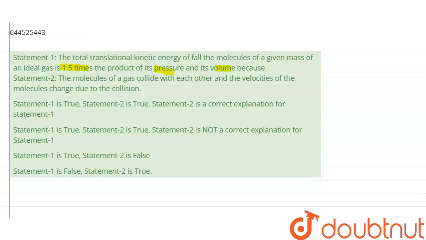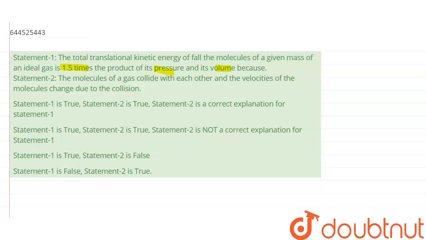And the second statement is that the molecules of a gas collide with each other and the velocities of the molecules change due to the collision. And we also have to tell whether my first statement is correct, and whether my second statement is the correct explanation for statement 1 or not.